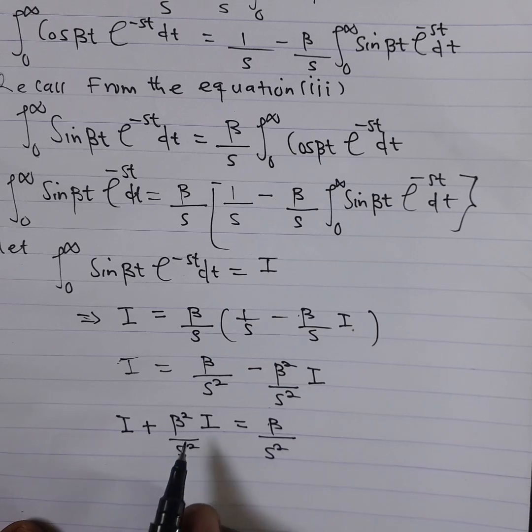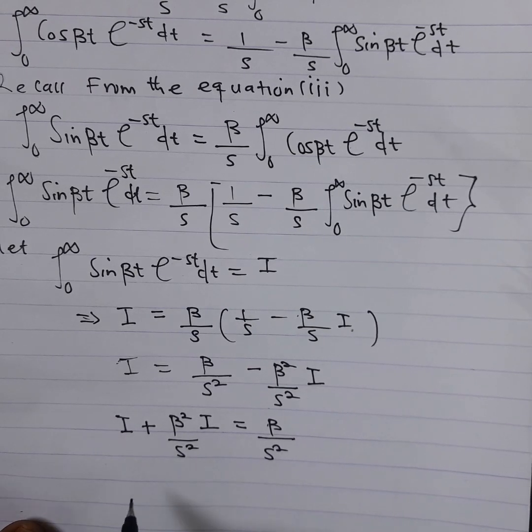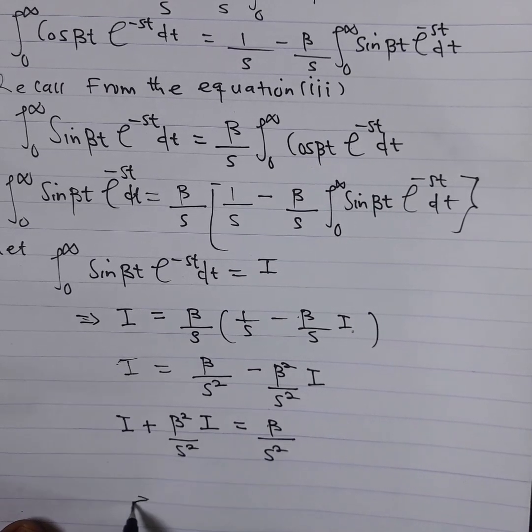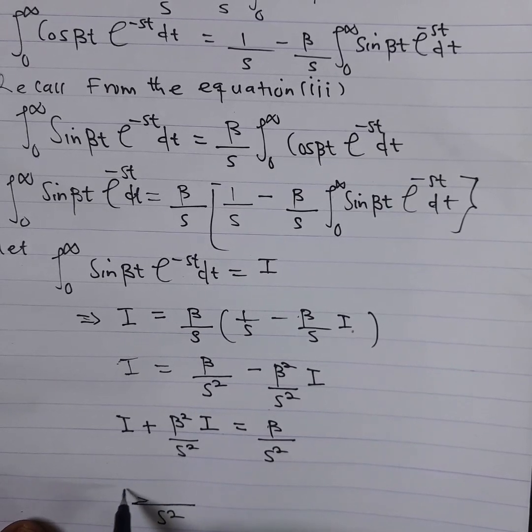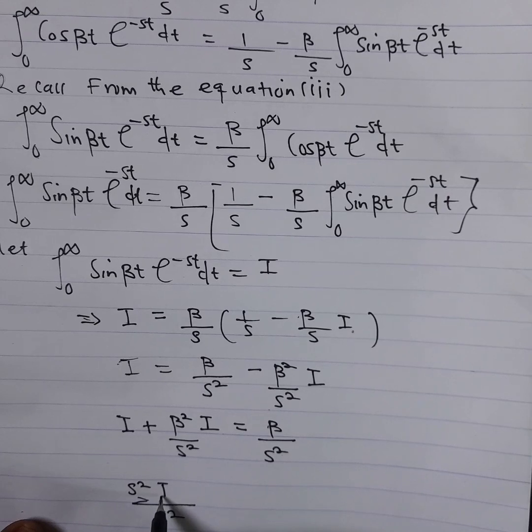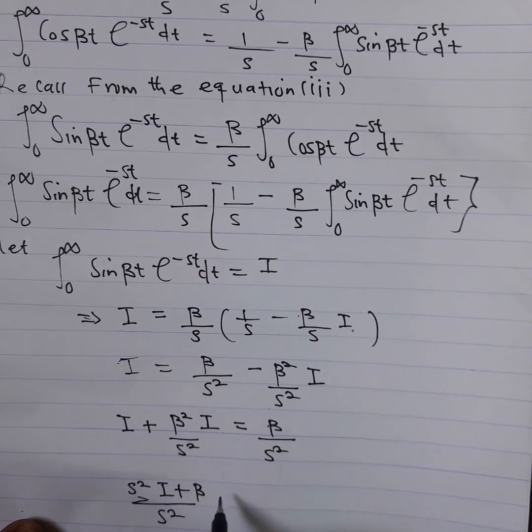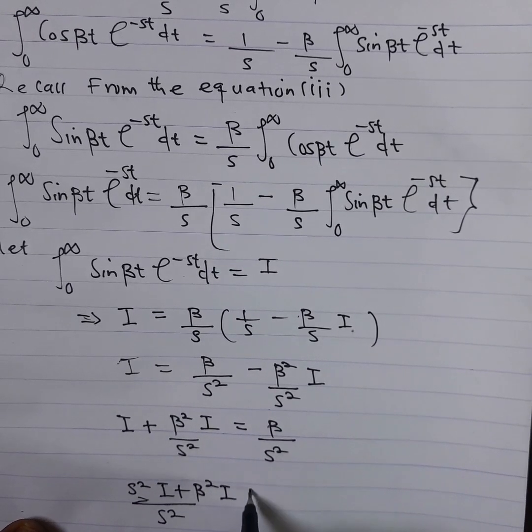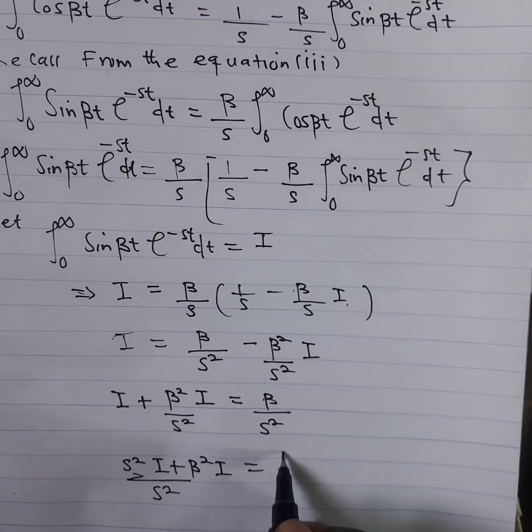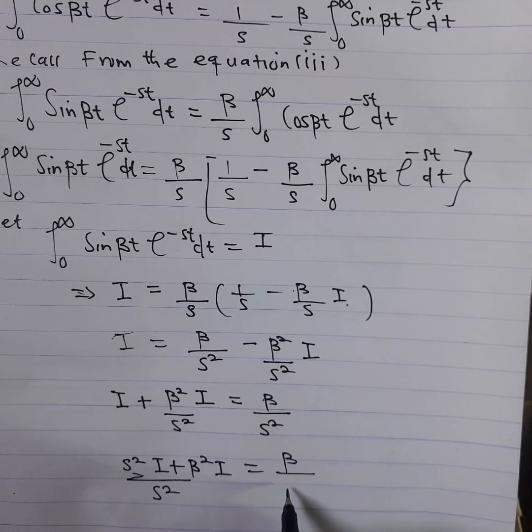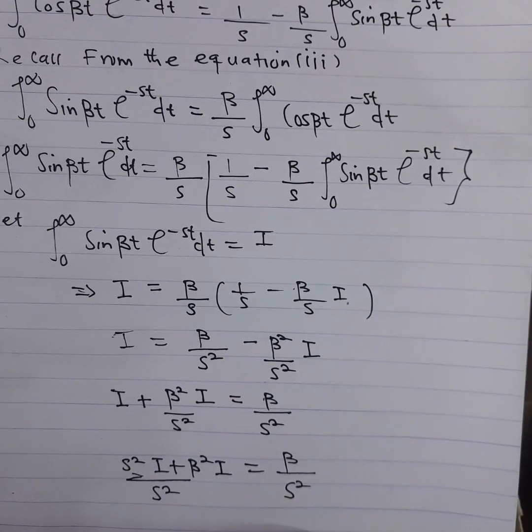So we can factorize. We have s square I plus beta square I, everything equals beta divided by s square.